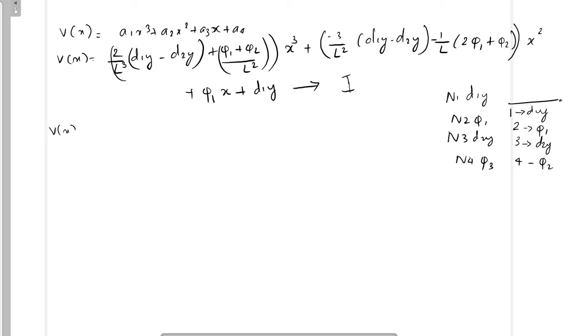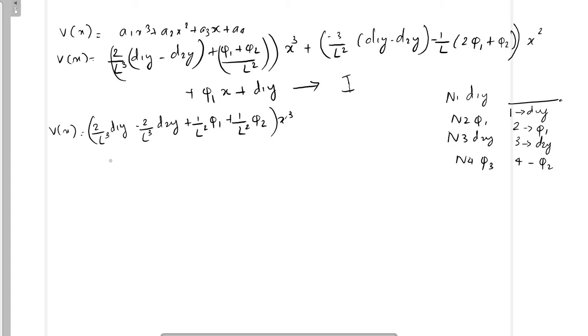V of x is equal to 2 by L cube d1y minus 2 by L cube d2y plus 1 by L square pi 1 plus 1 by L square pi 2, into x cube.